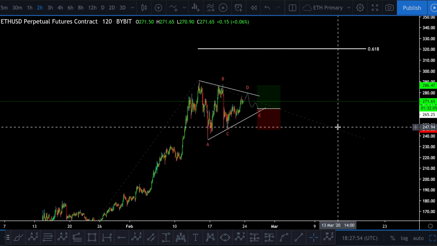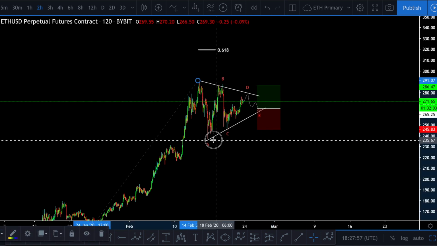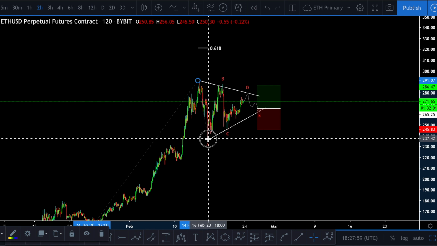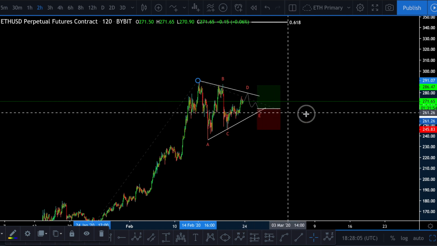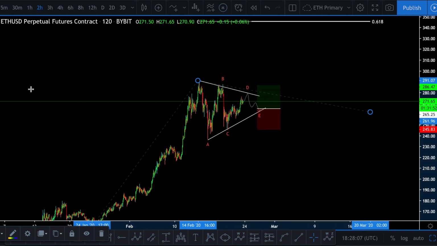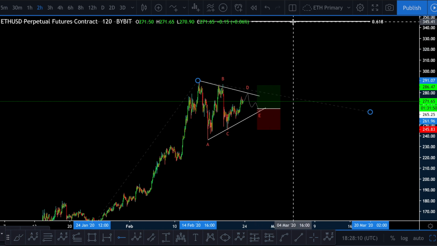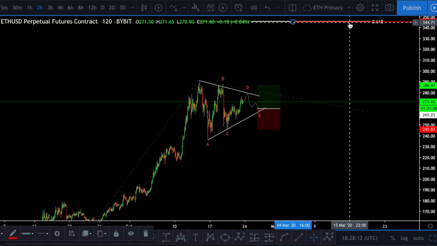I actually don't know if we should be pulling the extension tool. The last pivot should be off the A, so off the lowest bounce or off the last bounce. If the last bounce, it looks like we would be hitting, let's just mark that, 345.